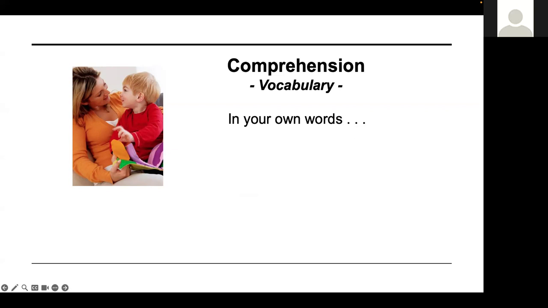In general, just keeping in mind that picture books have 3 times as many rare words as we use in conversation with young children. So children hear more words when we read to them. And this will make it easier for them to understand what they read when they're taught to read. So, just another reason why reading to young children is so important.